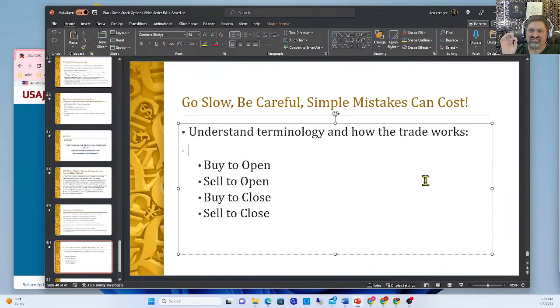Now, to close the trade, you have to close it, okay? And remember, most options expire worthless. So I almost never exercise an option. That's what it's called when, if you bought a put, you have a right to sell the 100 shares at a certain price.